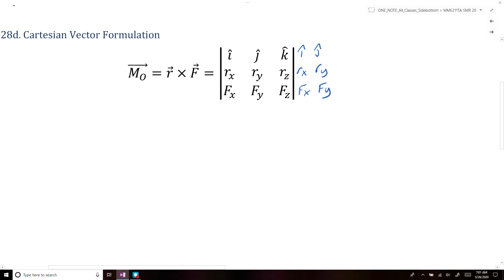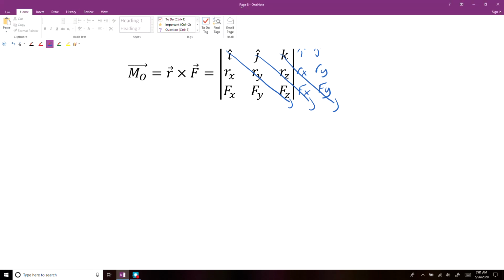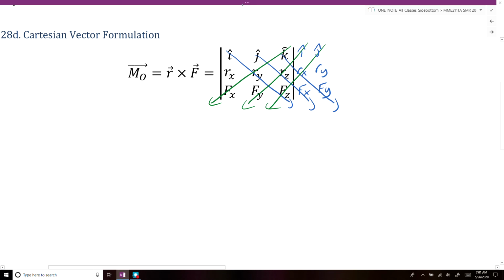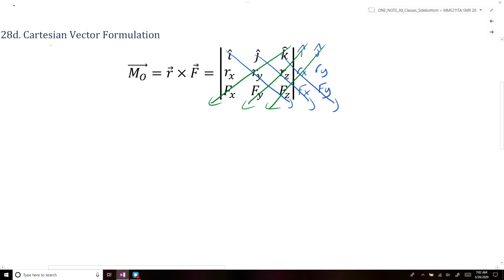We can then take the cross product between the two. We'll get 6 terms out of this using the 3 diagonals. So you can rewrite M_O as a Cartesian vector output with components along the x, y, and z axis.